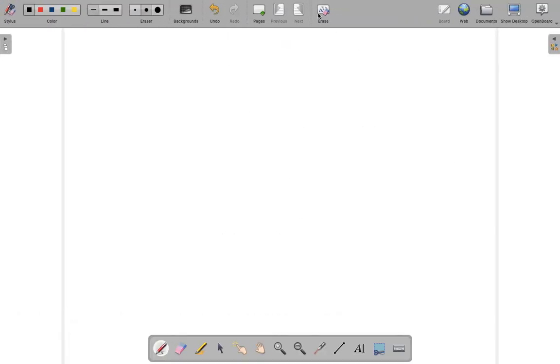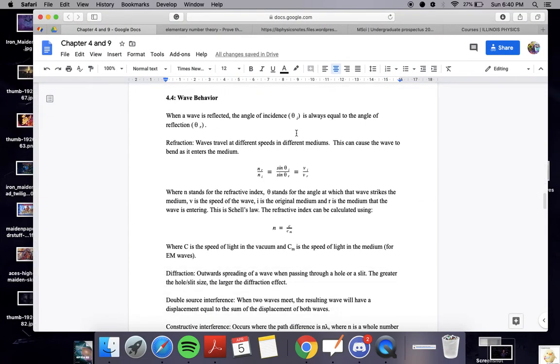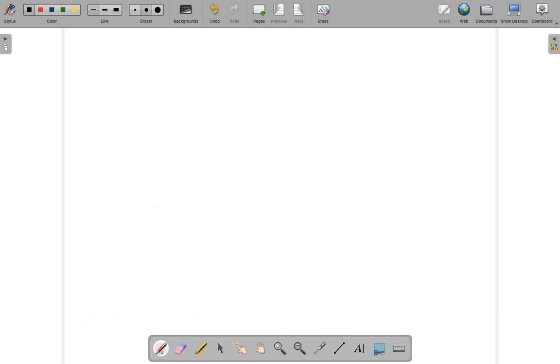Well then, let's go on to 4.4, which is wave behavior. So now first let's look into reflection. When a wave is reflected, the angle of incidence theta i will be equal to the angle of reflection, theta r. Note, when I say angle of reflection and angle of incidence, it's not the angle to the surface, so you need to draw a normal out first. Let's say this is a mirror and you have light that's coming down like this.